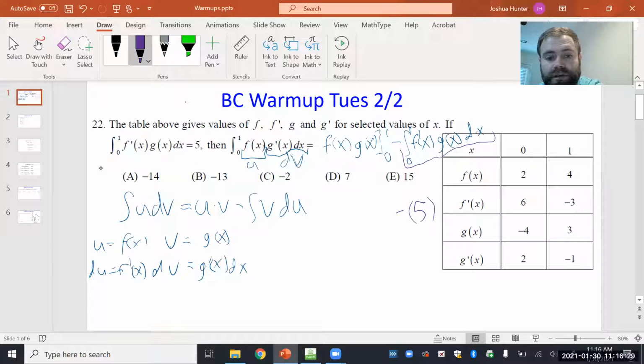So that will end up being f of 1 g of 1 minus f of 0 g of 0, then minus the 5 from that integral. So f of 1 g of 1, that's 4 times 3, minus f of 0 g of 0, 2 times negative 4, which gives us negative 8.